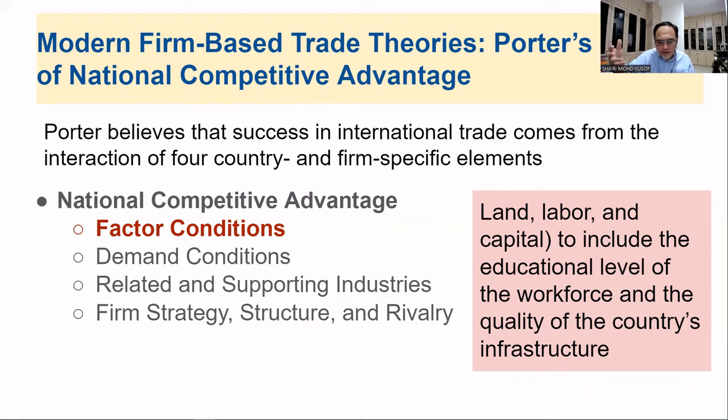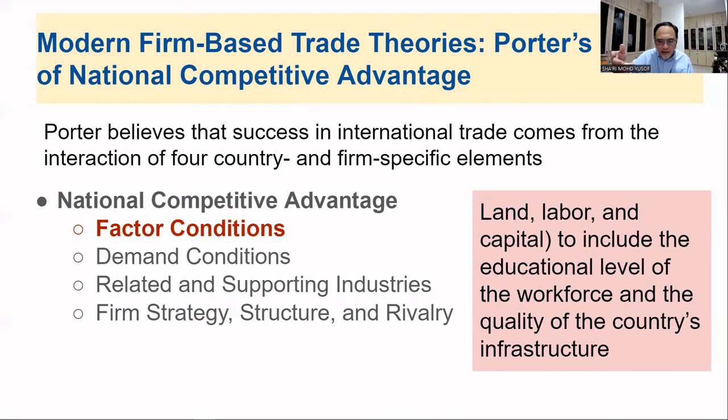Beyond the basic factors of land, labor, and capital, you need to consider the educational level of the workforce, skills. So education will result in skills. His work stresses the role of factor creation through training, research, innovation. You can create the factor. For example, educational level.